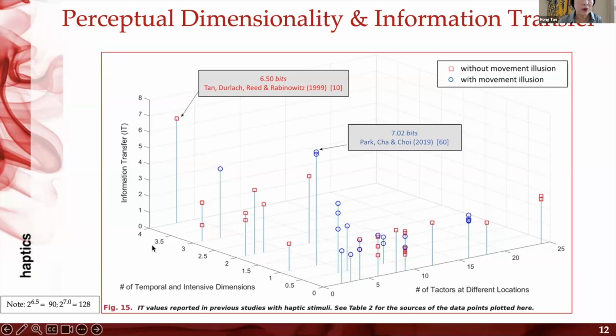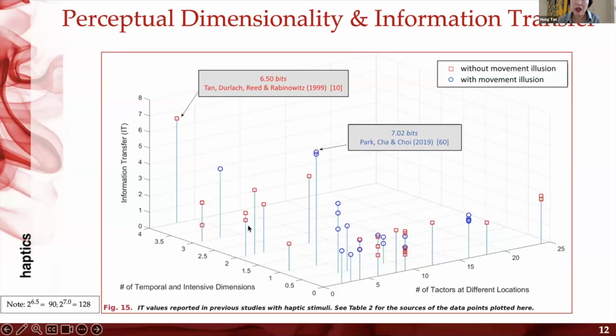In the end, we have two variables here. One is what we call the number of temporal and intensive dimensions. We convert it to number of bits, and we just look at how many levels of intensities do you use? How many durations do you use if you vary duration? How many levels of frequency did you use?